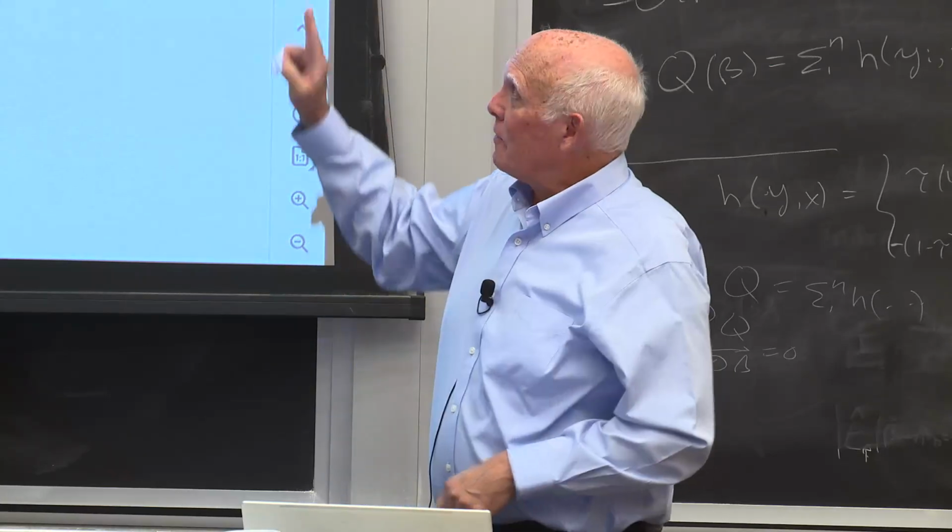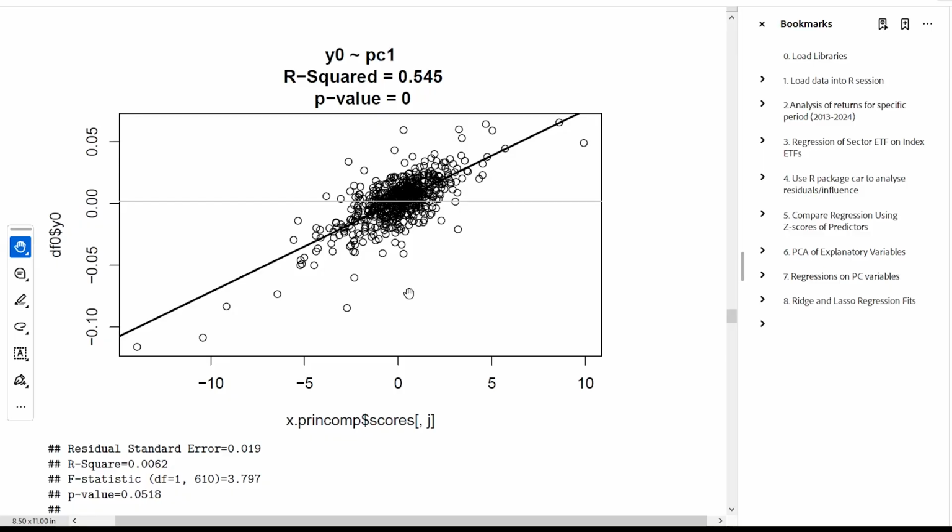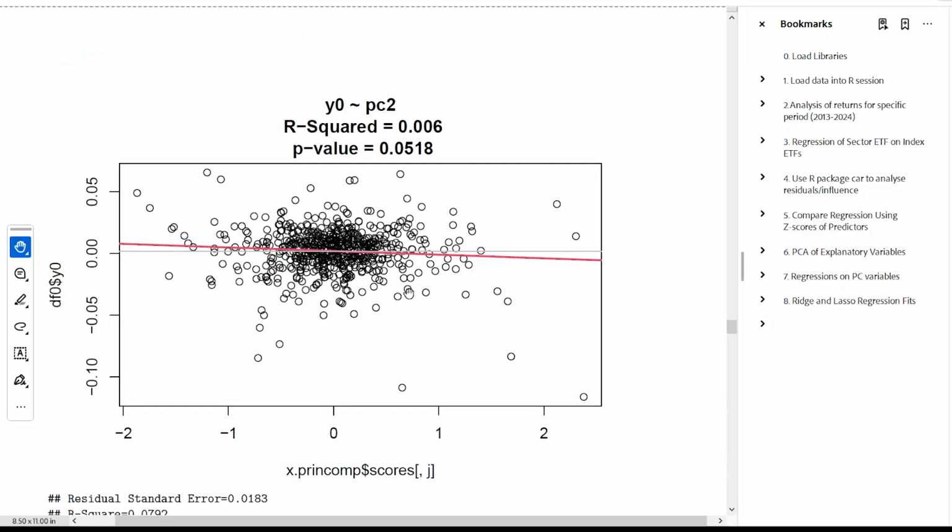The first principal component variable has an R squared of 0.545. The second principal component variable has almost no correlation, but while it's almost none, its p-value is still 0.0518, which is almost statistically significant.